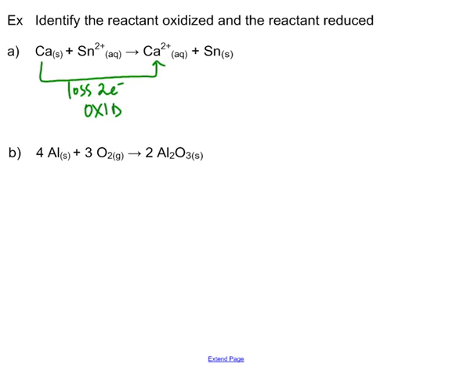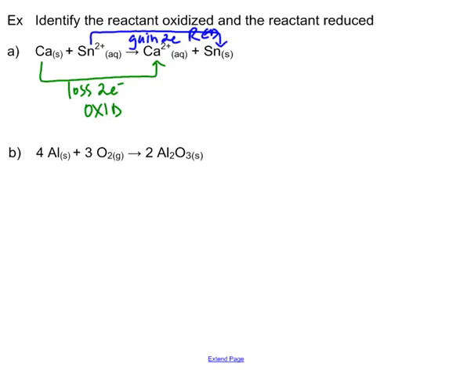Tin, on the other hand, went from 2+ to something with no charge, which means it gained 2 electrons. We know from OIL RIG that reduction is gain, so the gaining of electrons here is reduction. So calcium was oxidized and tin 2+ was reduced.